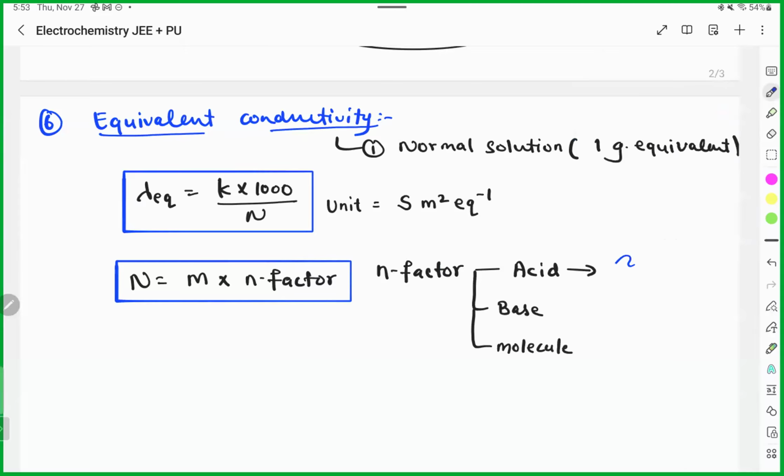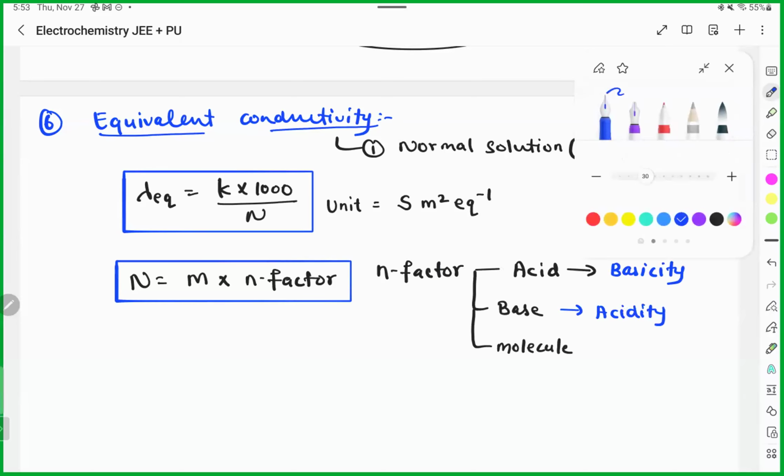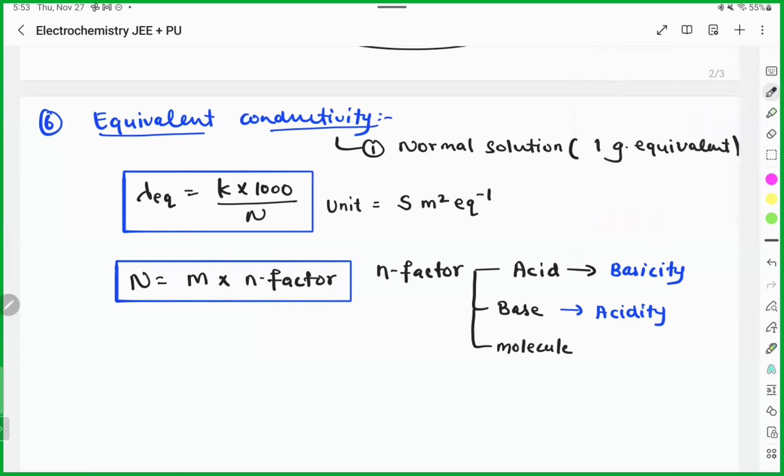In case of acid, you have to check basicity, the number of H positive ions. In case of base, acidity, the number of OH negative ions. In case of any other molecule, if you don't have H positive or OH negative, then you see the number of electrons transferred.